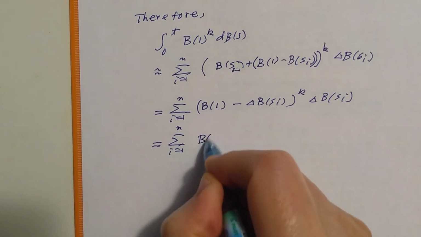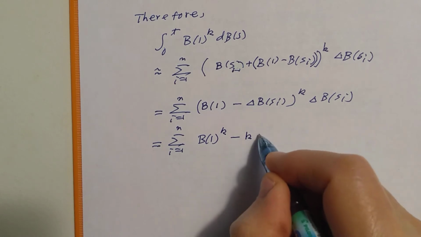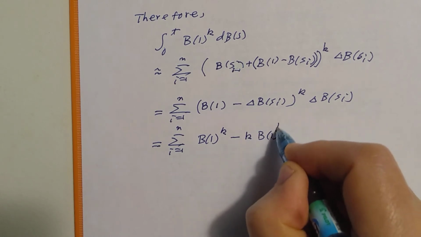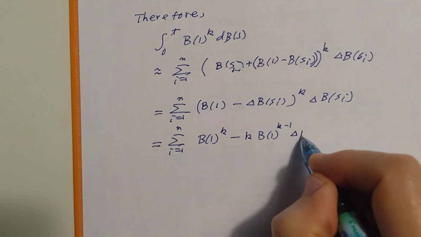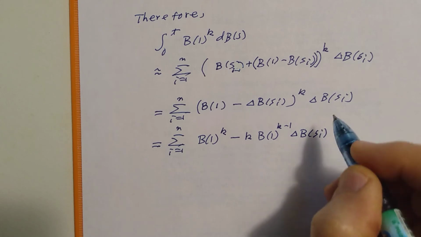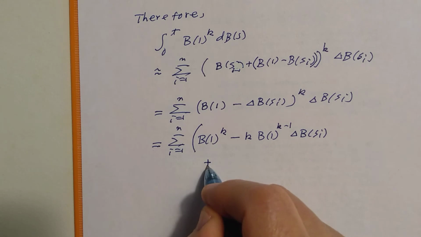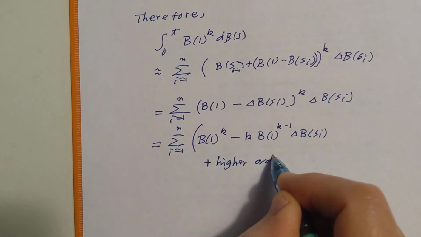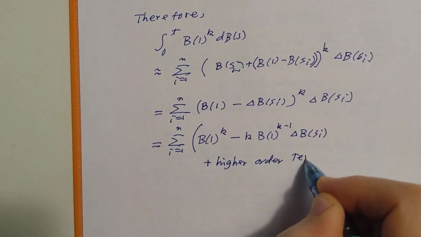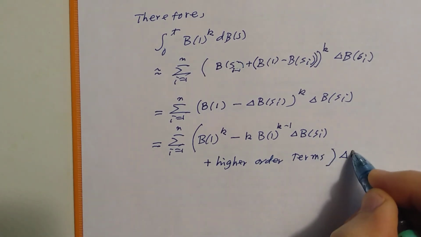And we get B_1 to the power k, minus, the second term is k times B_1 to the power k minus 1 times the Brownian motion increment, and then plus the higher order terms, and then the Brownian motion increment.